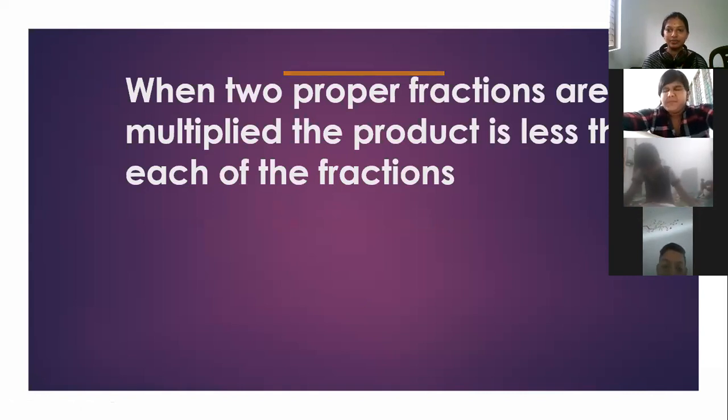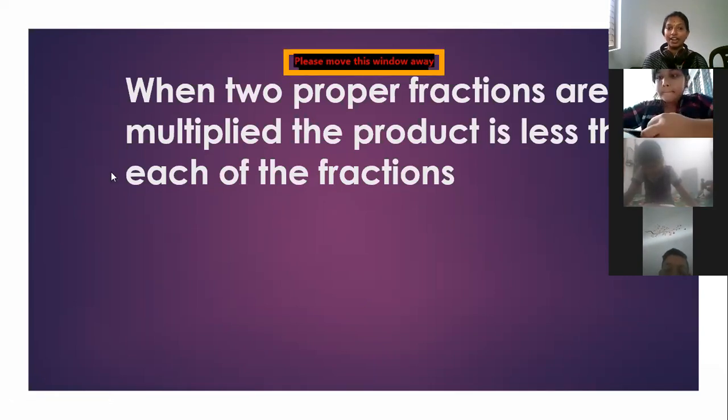We have multiplied many pairs of proper fractions and got the product less than each of the fractions. That's why we concluded that if we multiply proper fractions, then the product is less than each of the fractions.